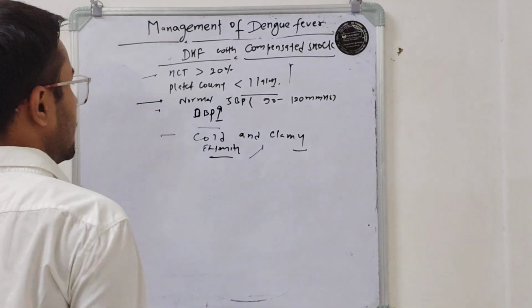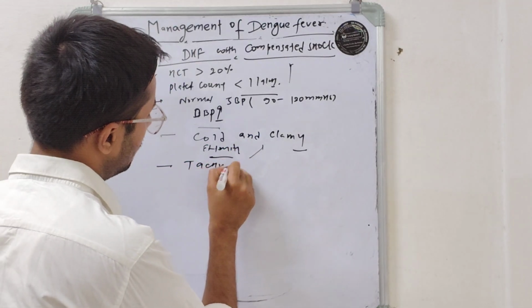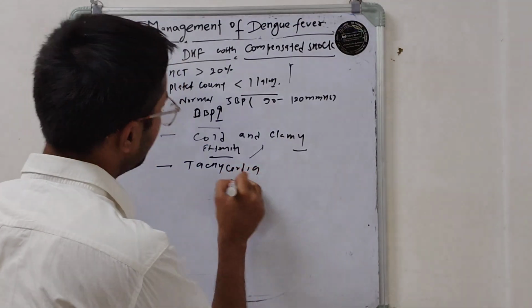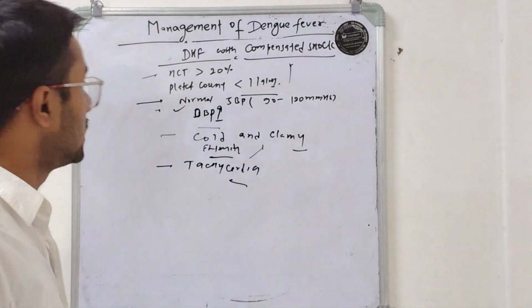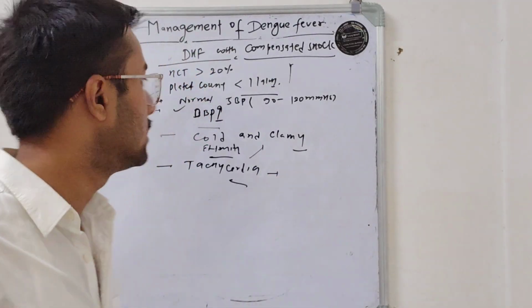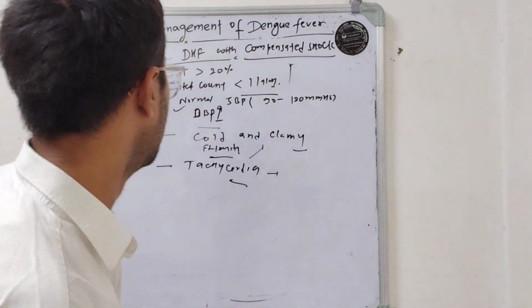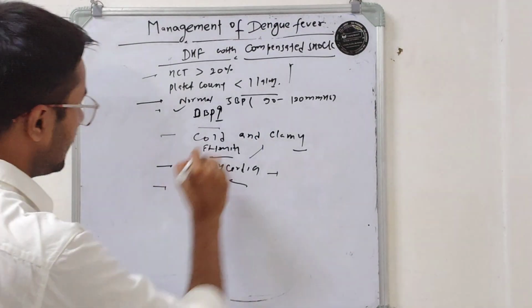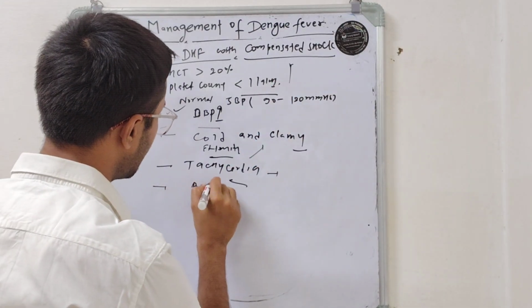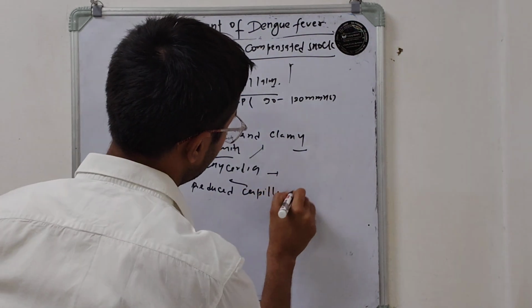Okay, what are the other findings? Another finding is that the patient has tachycardia. Due to this tachycardia, the systolic blood pressure is maintained, because if the patient has no tachycardia, even the systolic blood pressure will fall. So the patient has tachycardia and reduced capillary filling.